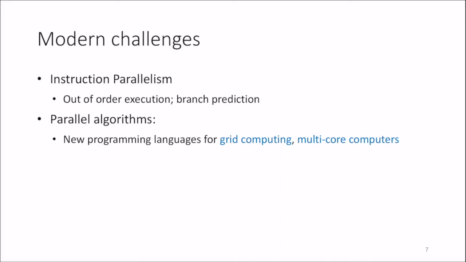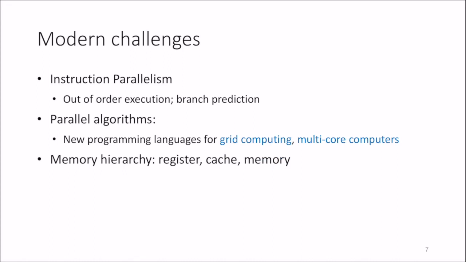Or multi-core computers, so a chip that contains 60 or 120 cores. Programmers need help from high-level programming languages, and therefore they need good compilers in order to be able to generate good code for these kinds of environments.